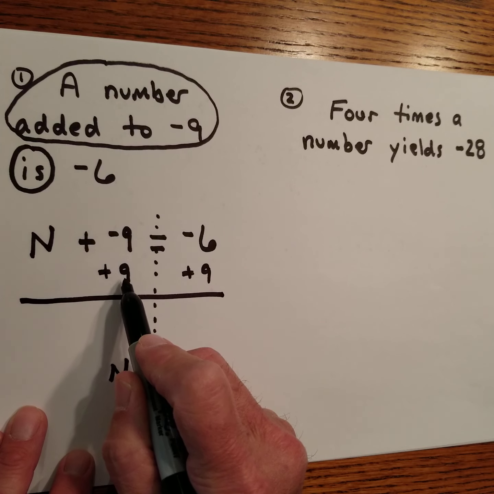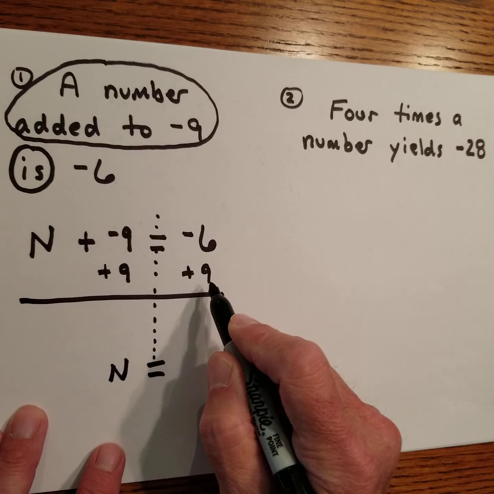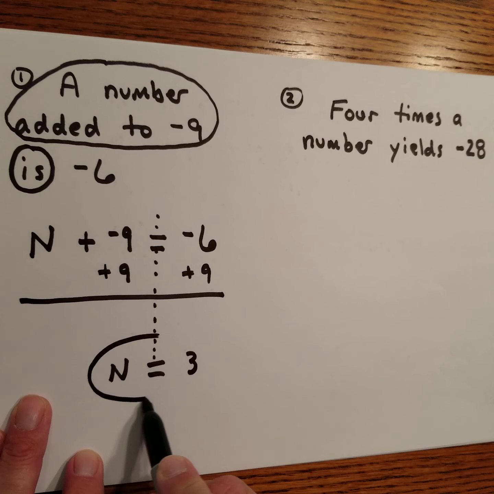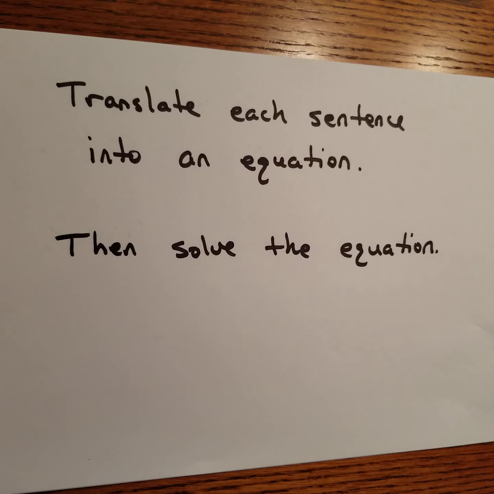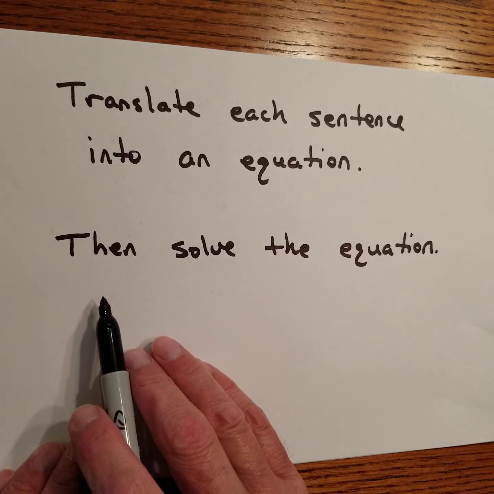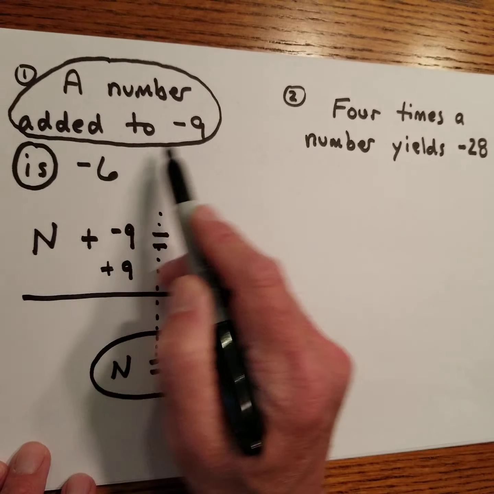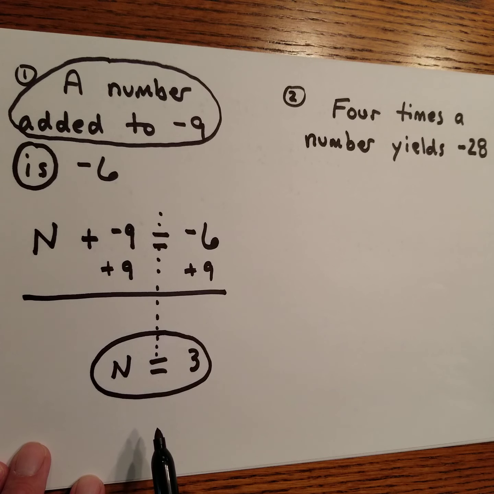So that -9 and +9 is 0 plus n. -6 plus +9 is +3. Our job on each problem is to translate the sentence into an equation, then solve the equation. That's what we did here on number 1. We took the sentence, we translated it into an equation, then we solved.